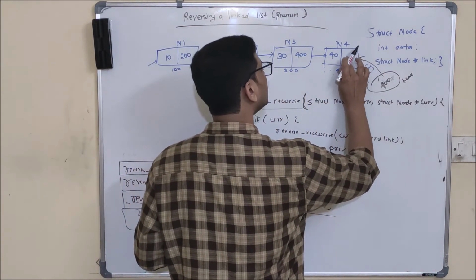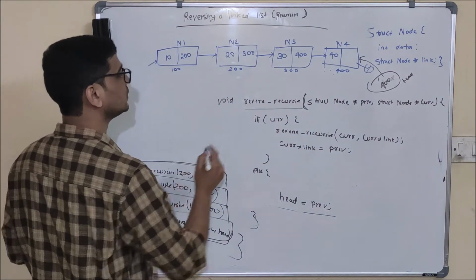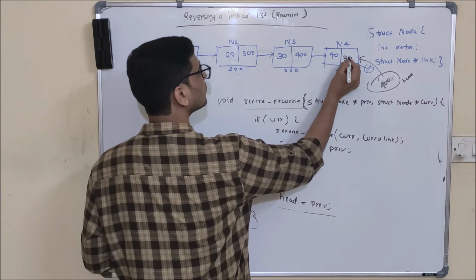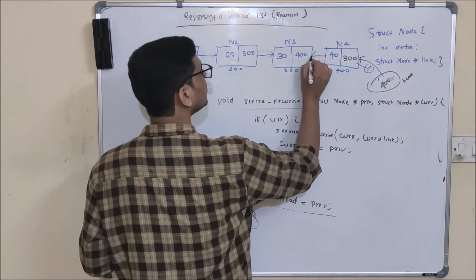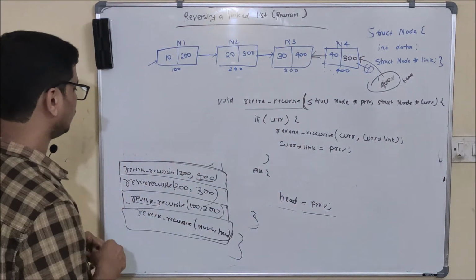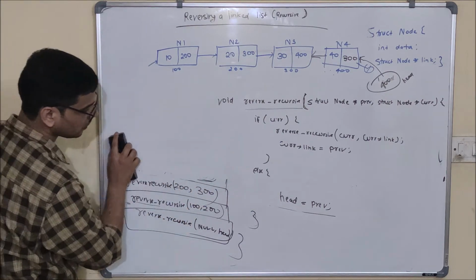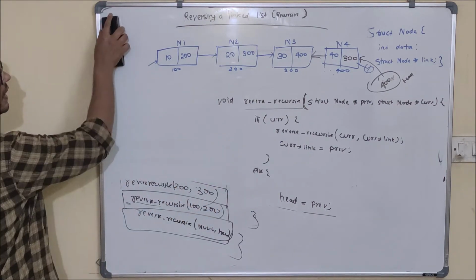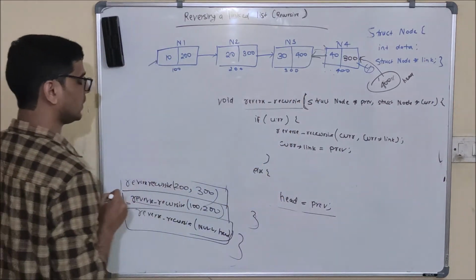That will be updated to previous, and what is previous here? 300. That is, a link will be created between N4 and N3. Now once it is done, this function call will also go from the stack, and meanwhile there will be a link between N3 and N4.